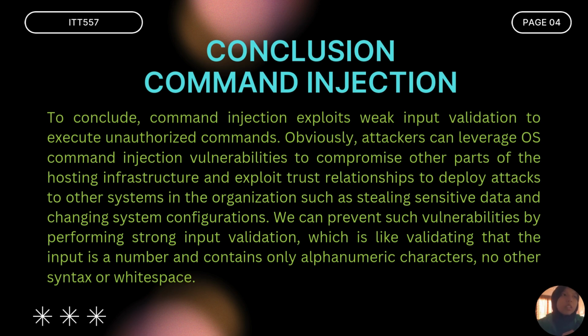But of course we can still prevent command injection, like performing strong input validation, validating that the input is a number and contains only alphanumeric characters and no other syntax or white space.